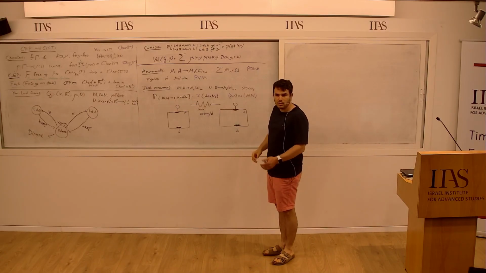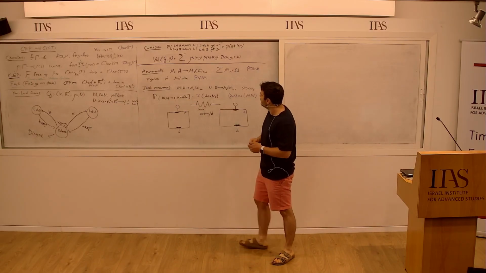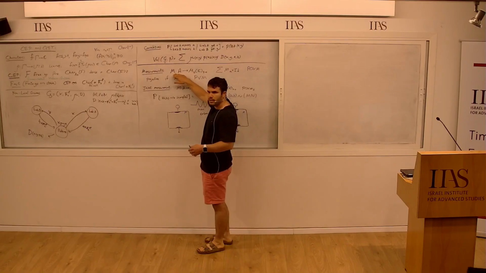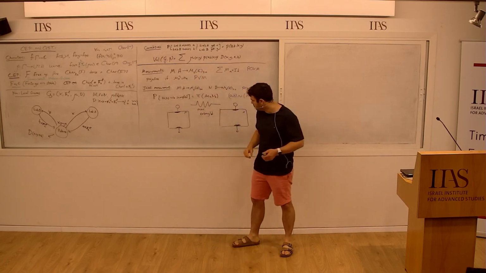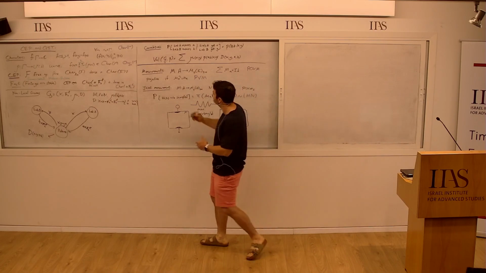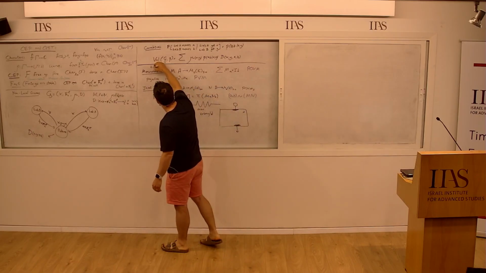Okay, let's recall some things that we did yesterday. The notion of a measurement generalizes the notion of a probability distribution over a finite set. So A is a finite set, and a measurement is just a function from A to positive semi-definite D by D matrices. So it has some dimension associated to it. It's a D-dimensional measurement.